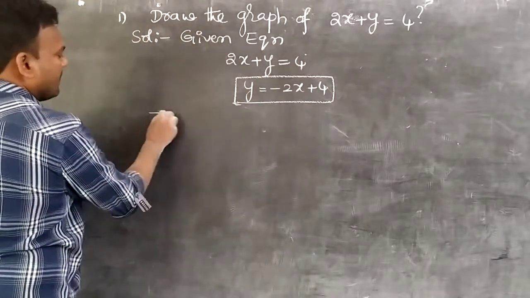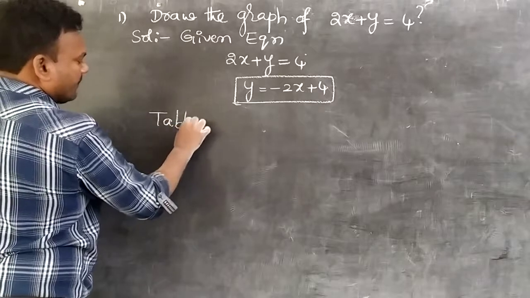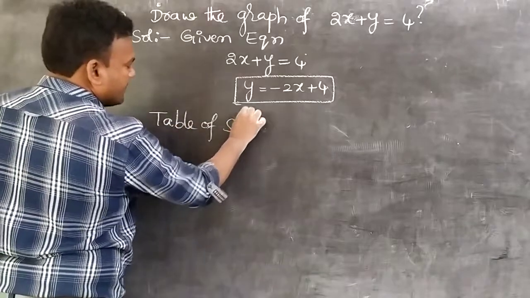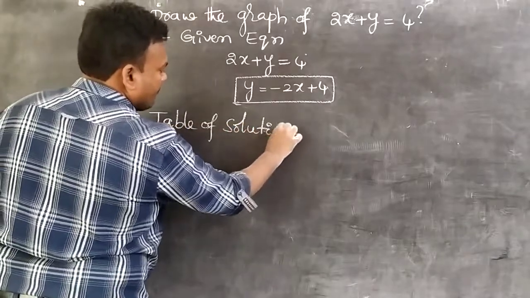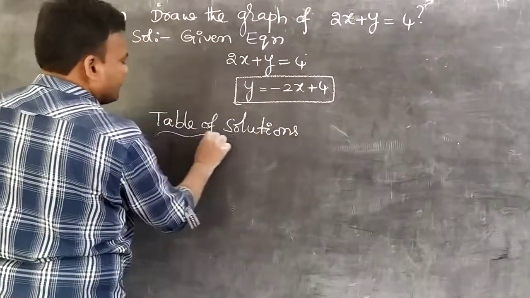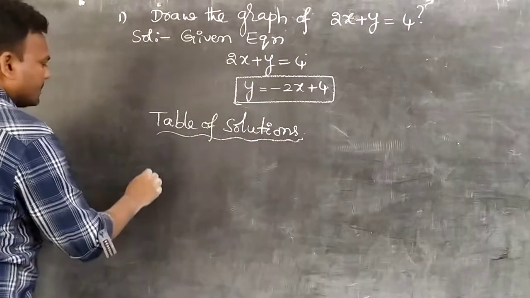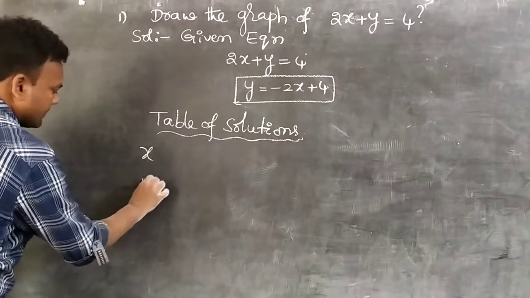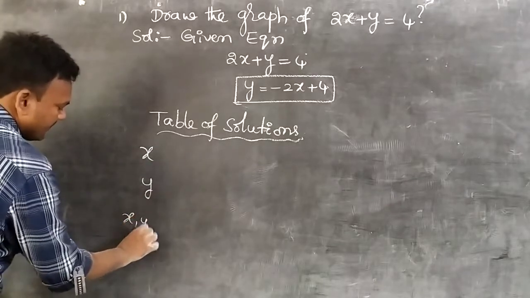Next, the table of solutions. First x, next y, then x comma y.